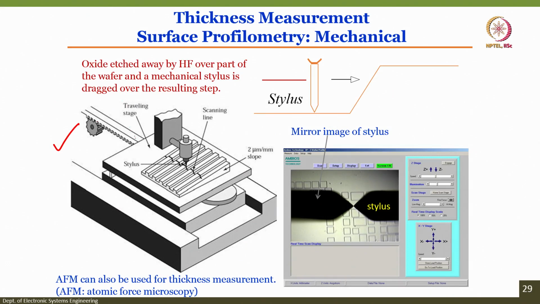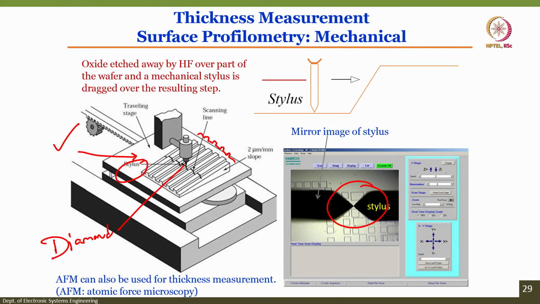But if you see the mechanism, right, there is a travelling stage, which is here, then there is a stylus, generally a diamond tip, and then there is a scanning line, and then there are steps, right. So, what happens is it will just form like this, right, and this change is recorded, and you can see here in this case, and you can measure it.